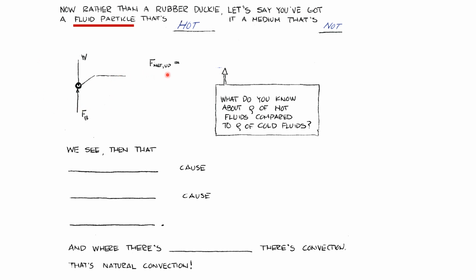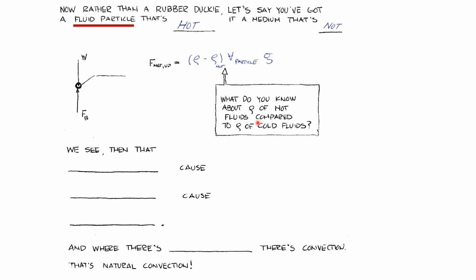So we can repurpose that equation, and in place of rho of the surrounding fluid, I just have rho of fluid in general, and in place of rho of rubber ducky, I have rho of the hot fluid particle and V particle. So when you look at this equation for a locally hot fluid surrounded by a cooler fluid, you see that once again, the difference in density gives you a potential net upward force.